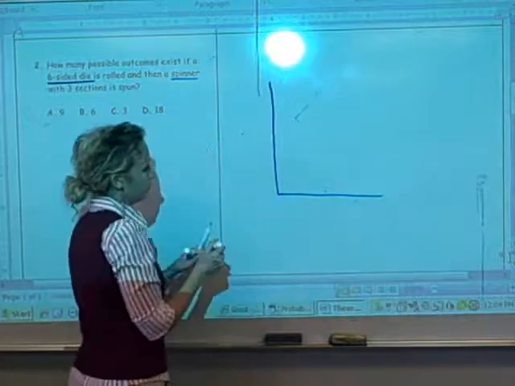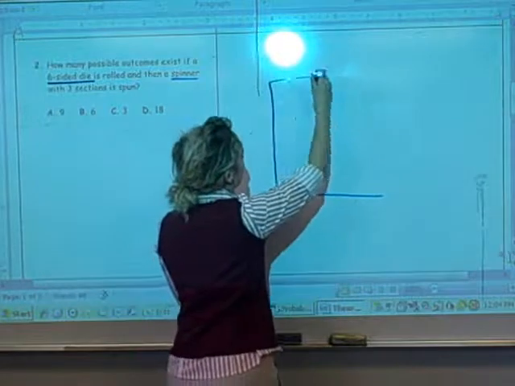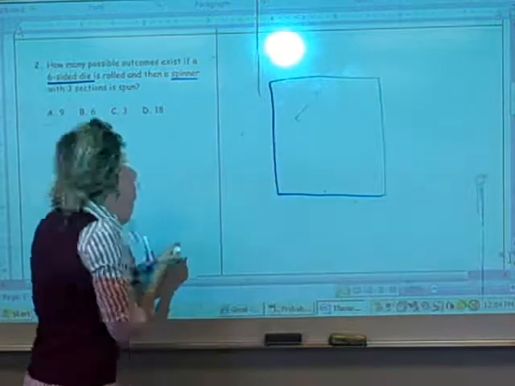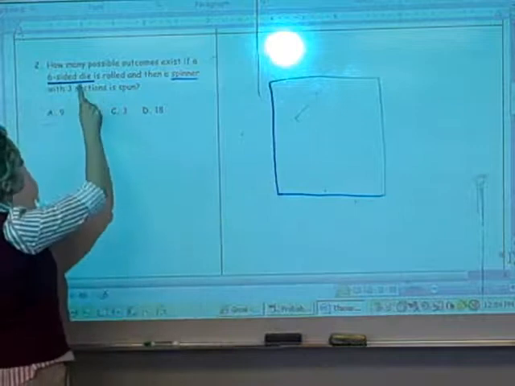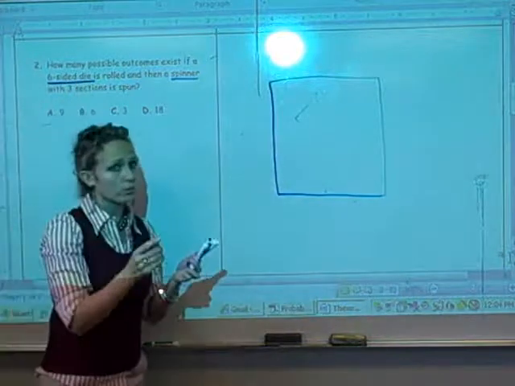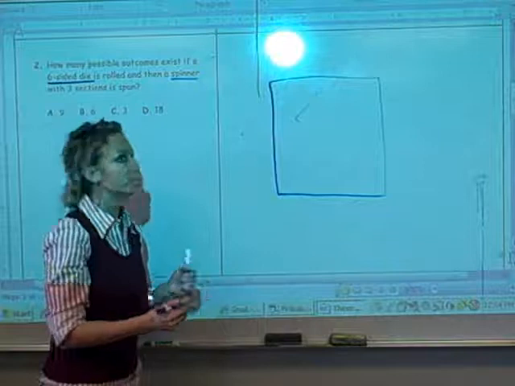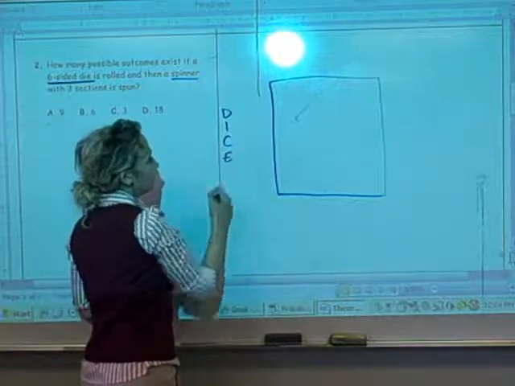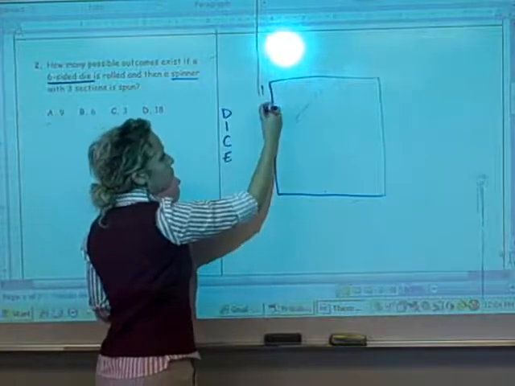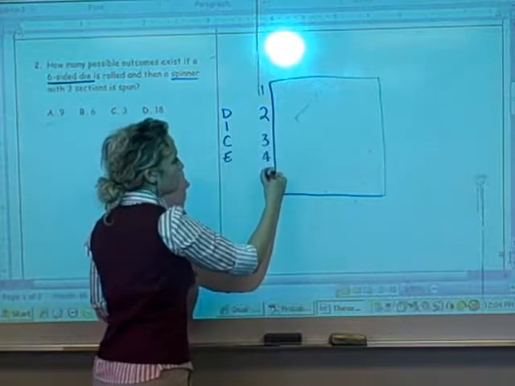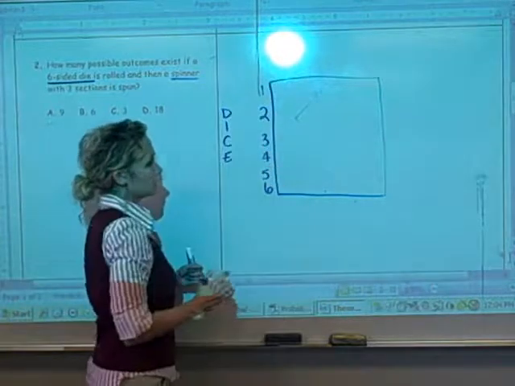Maybe I'll finish it off with green here. Okay, so my first side is my 6-sided die. Just think, if you go to roll a dice or roll a number cube, what could you get? I'm just going to say I can get a 1 through 6. So 1, 2, 3, 4, 5, 6.